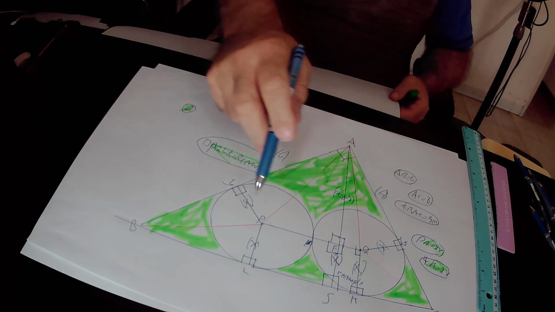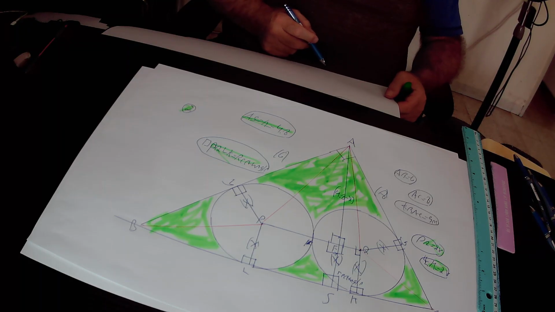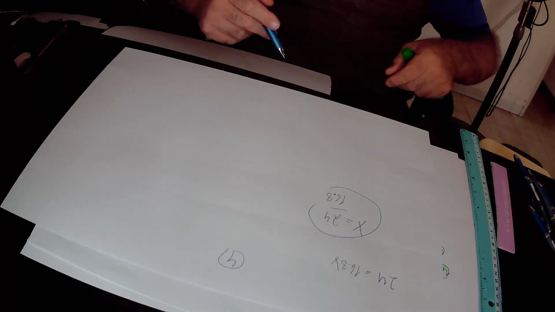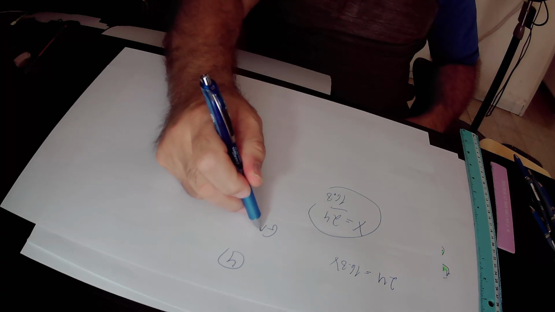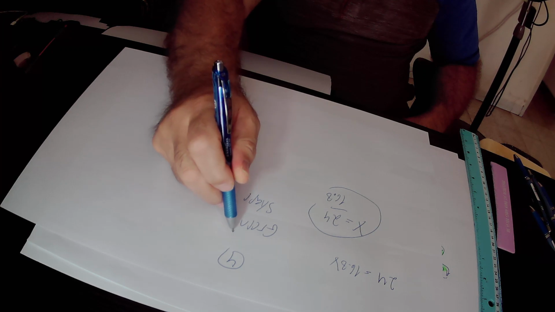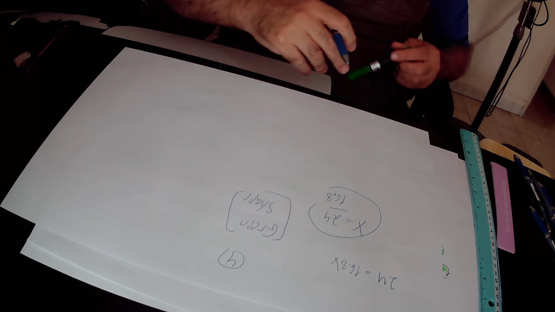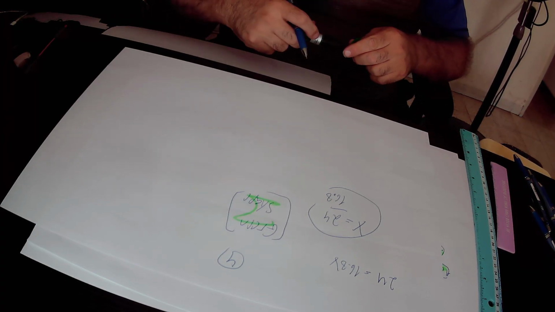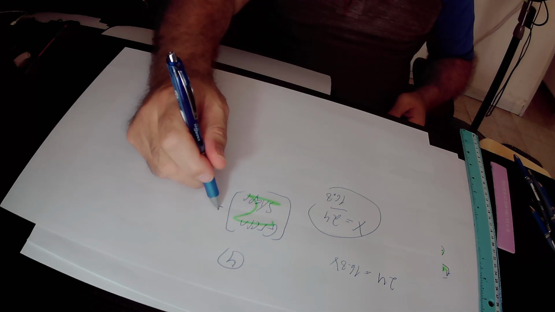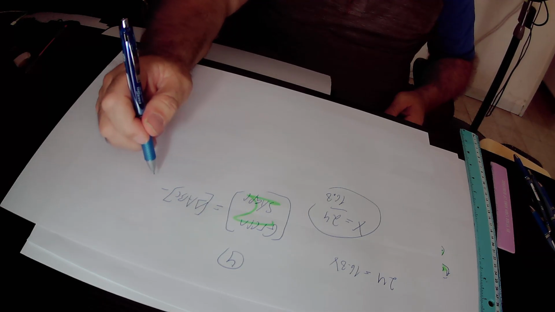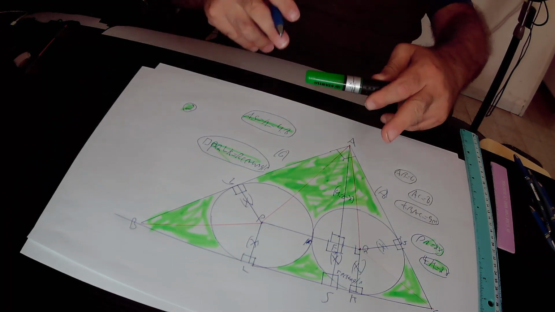Our task is to find the area of this shape. As I explained a couple of minutes ago, the area of this shape must be equal to the area of the big right triangle ABC, which we know is 24 square units, minus the area of those two circles.